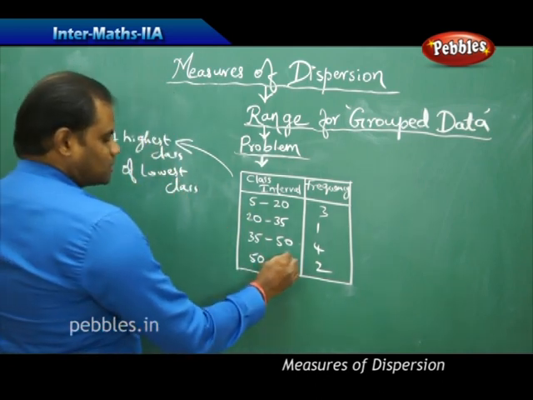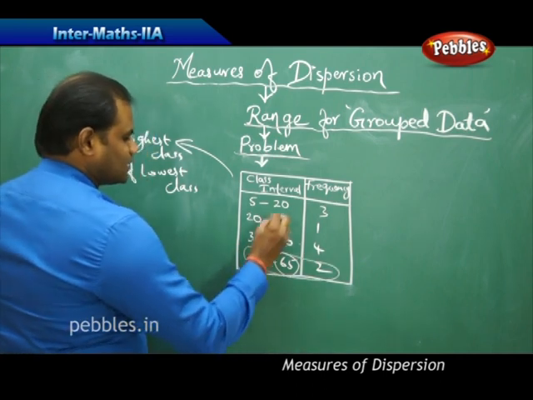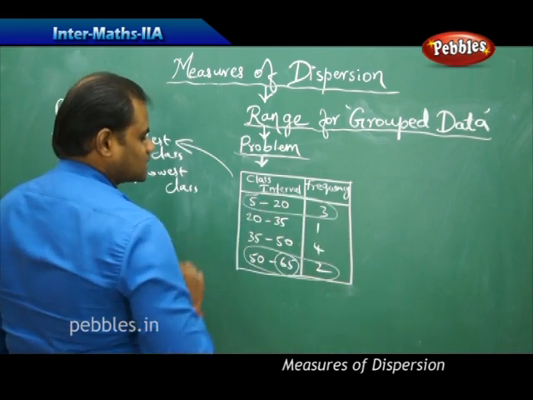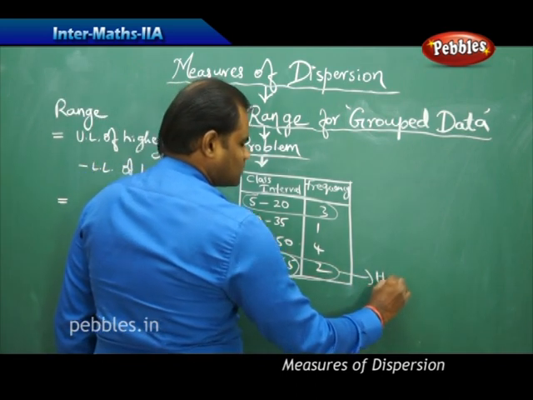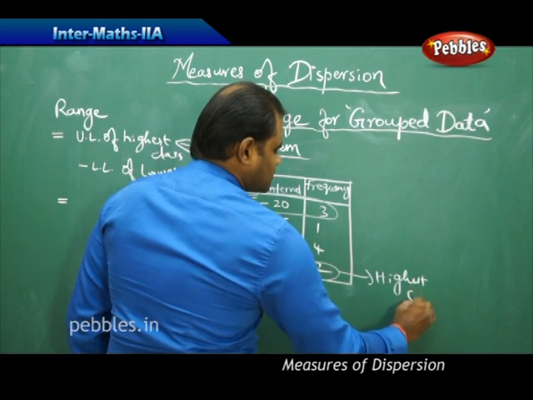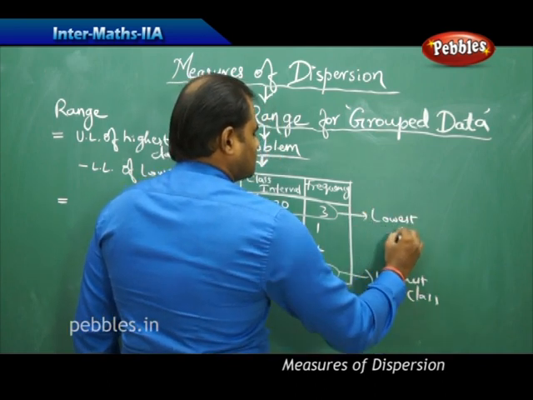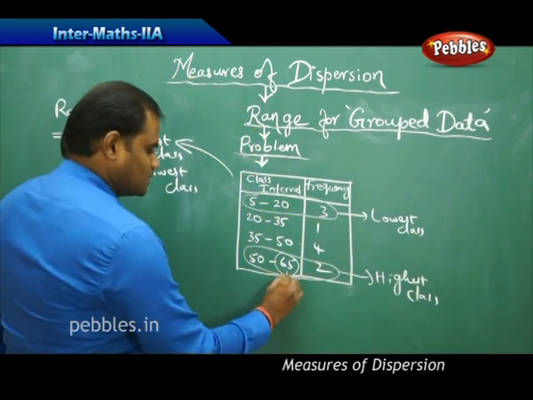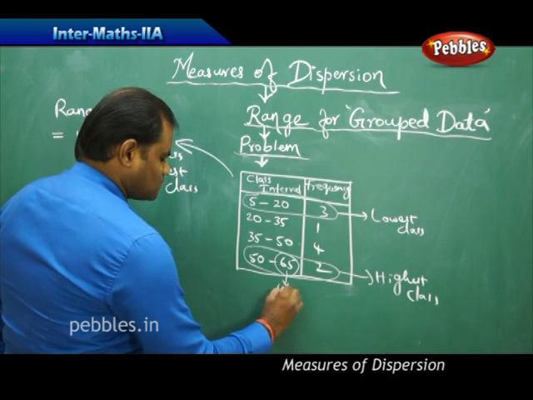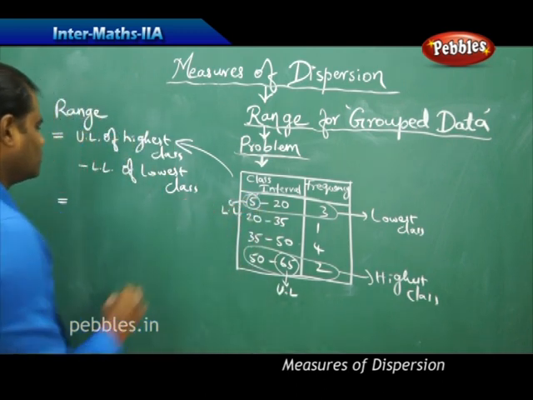So this being the highest class and this being the lowest class, my upper limit here is this and my lower limit is this, which I am going to subtract.